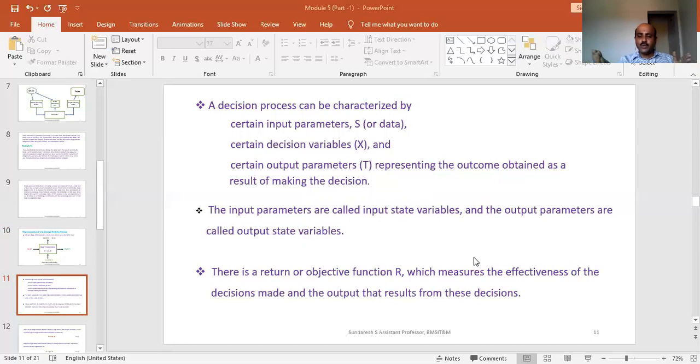In between the input variable S, decision variable X, and output variable T, there is a return function, or objective function, represented by R. It measures the effectiveness of the decision we made and the output that results from it.